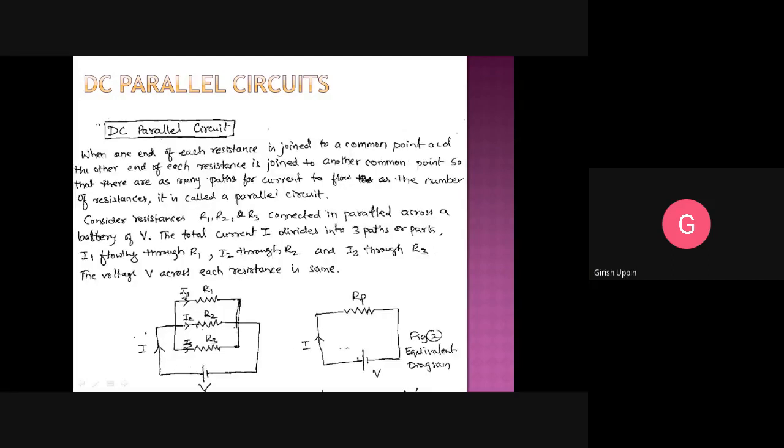And we know that the total current I is equal to I1 plus I2 plus I3. And these are the values for I1, I2, I3. You replace with these. What you get is I is equal to V by R1 plus V by R2 plus V by R3. And V is common. You take it out.